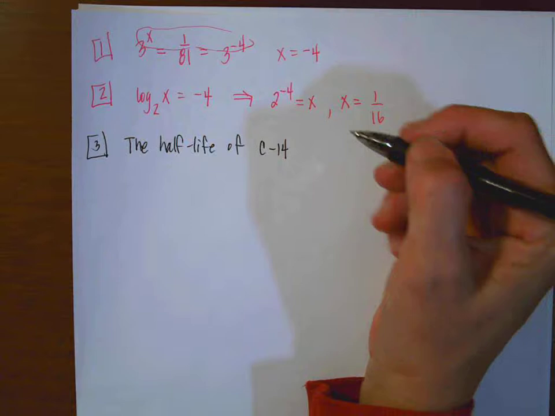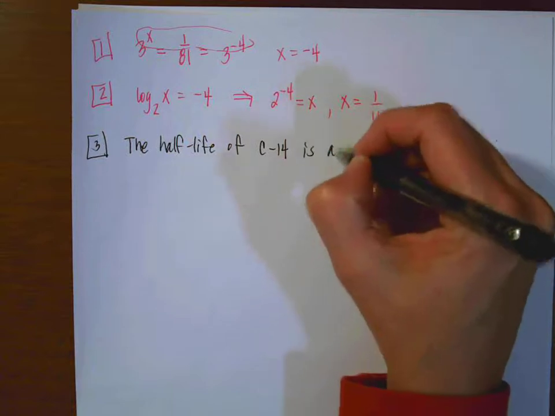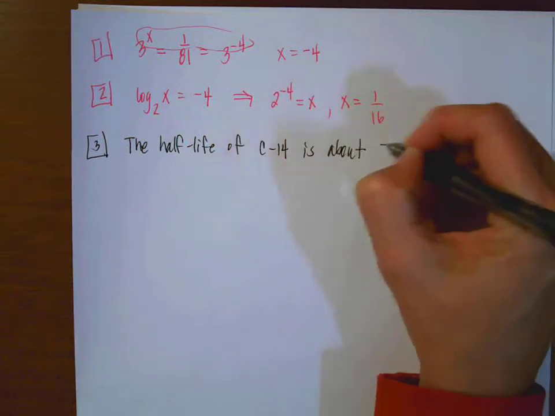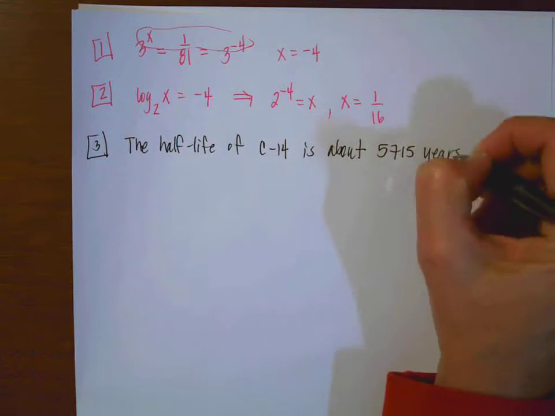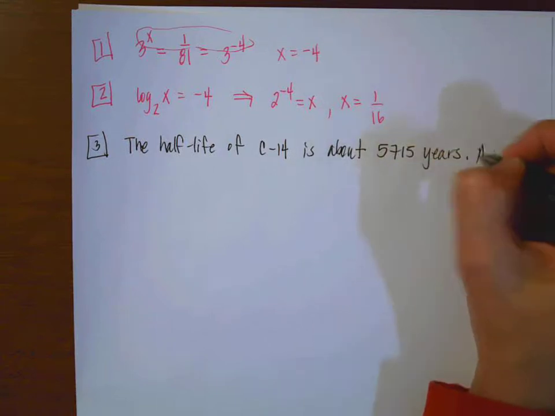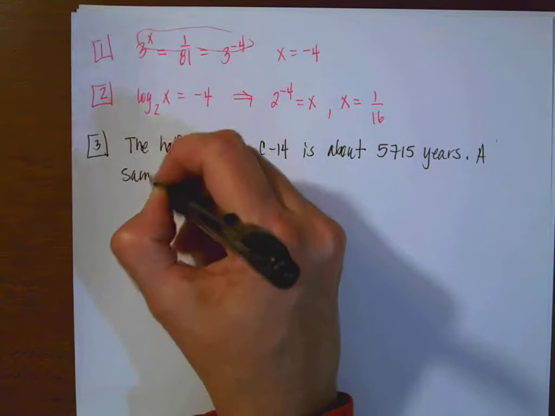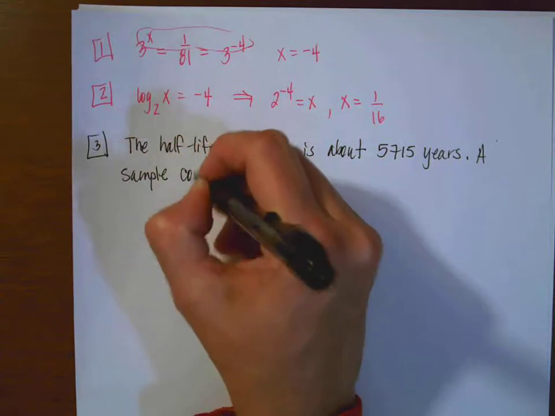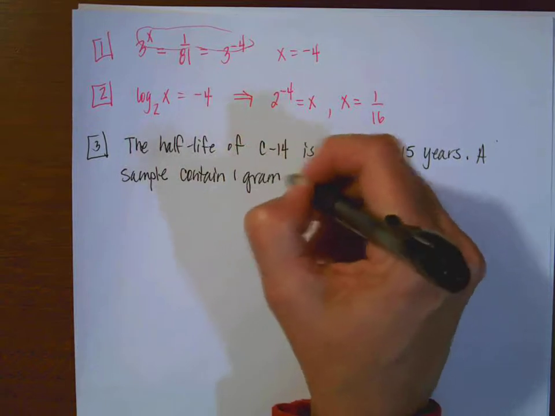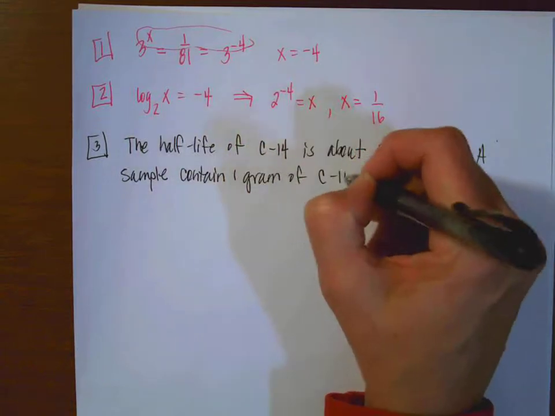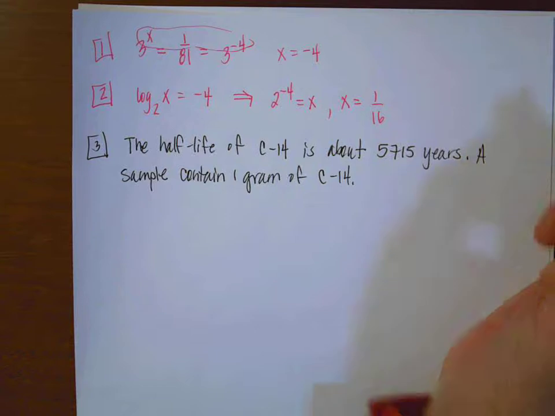The next problem says the half-life of carbon-14, I hope that's the way you write it because that's the way I'm going to write it, is about 5,715 years, which is a little bit hurty on the head. A sample is going to contain 1 gram of carbon-14.